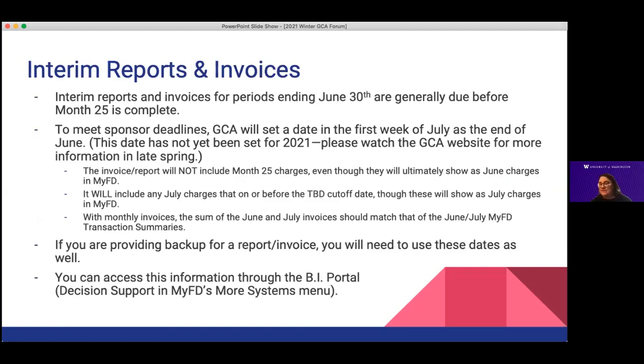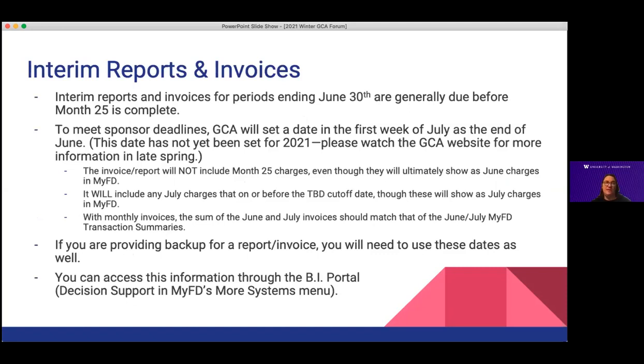One of the biggest issues that GCA has to manage during the biennium crossover is interim reports and invoices. If you have an interim report or invoice for a period ending June 30th, that's almost always going to be due before month 25 is complete.